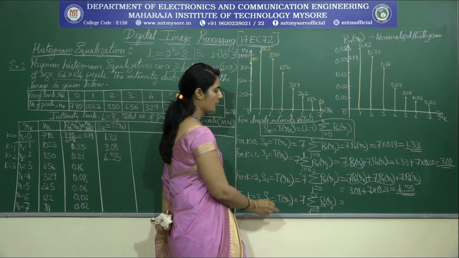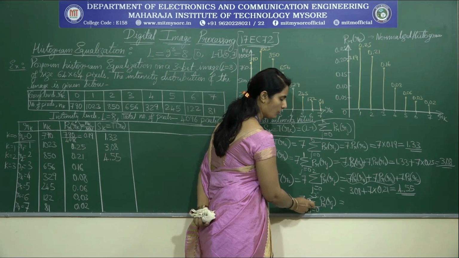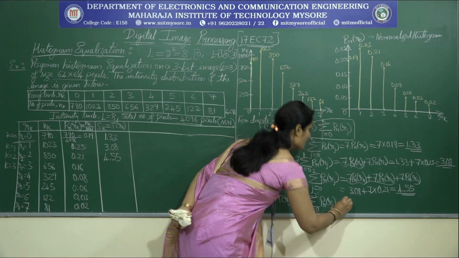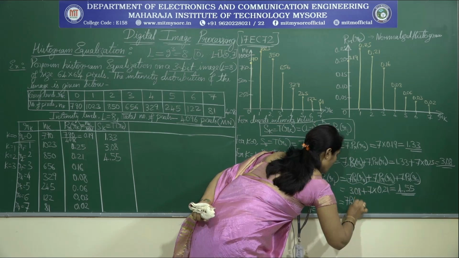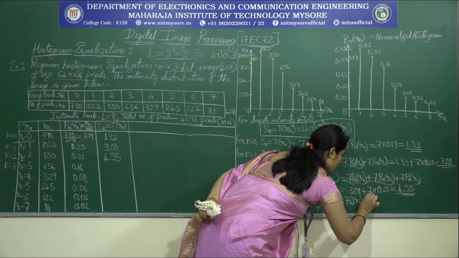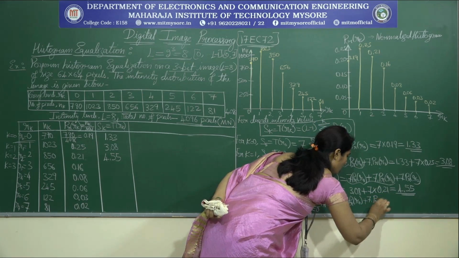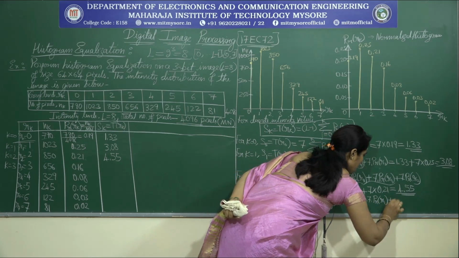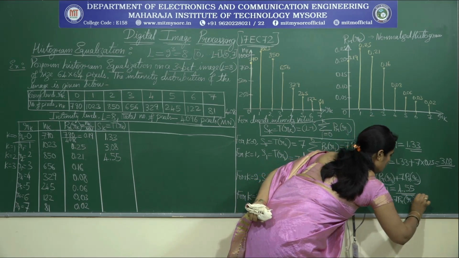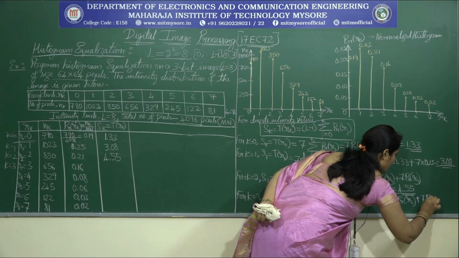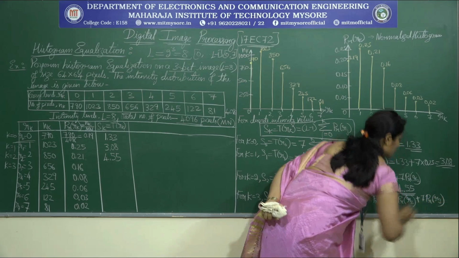Now here we have 4 values for j equals 0, 1, 2 and 3. So 7 into PR of R0 plus 7 into PR of R1 plus 7 into PR of R2 plus 7 into PR of R3.